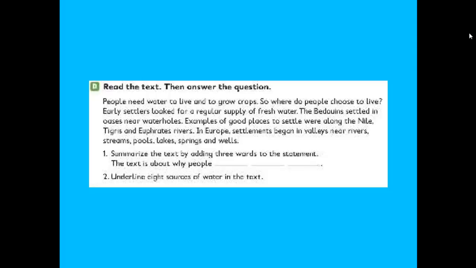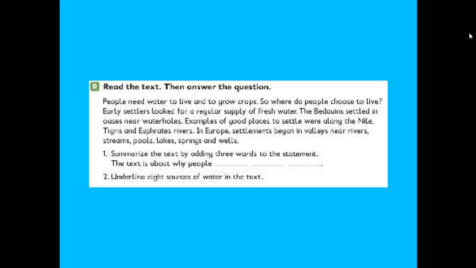In Europe, settlements began in valleys near rivers, streams, pools, lakes, springs, and wells. So here the settlement of human beings is related to the places of water. The Bedouins settled in oases near waterholes, and the Europeans settled in valleys near rivers, streams, lakes, springs, and wells.